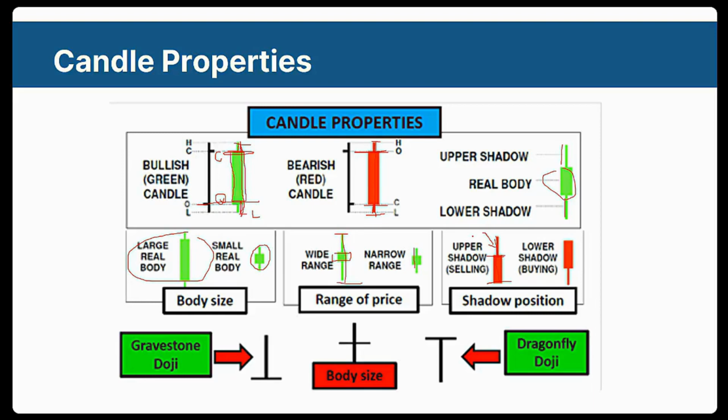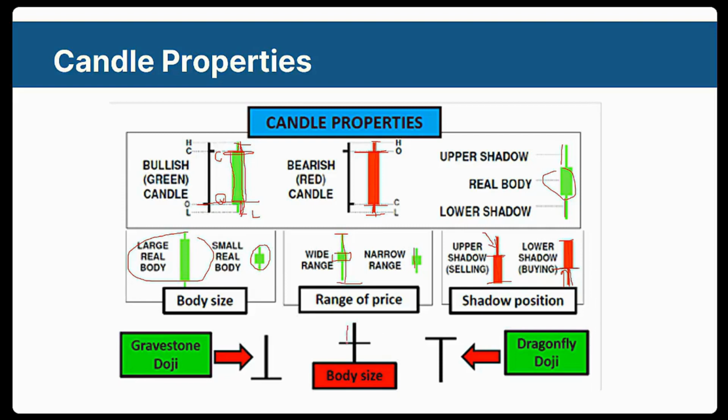So an upper shadow shows that the bears are heavy on that given day, and a lower shadow means that the price opened here and again went up till here, but the bulls came up and finally closed here. So the bulls are a little bit heavier, not that heavy in this example, but the bulls were able to get this price up at this place.